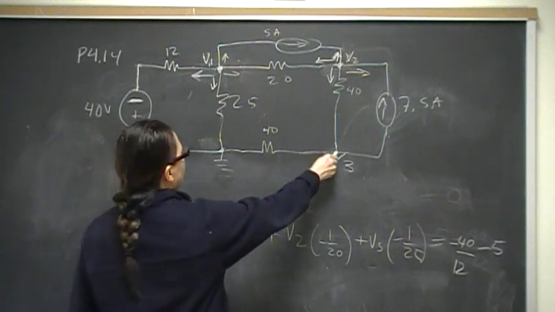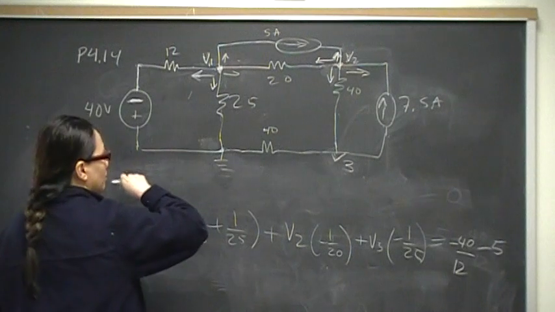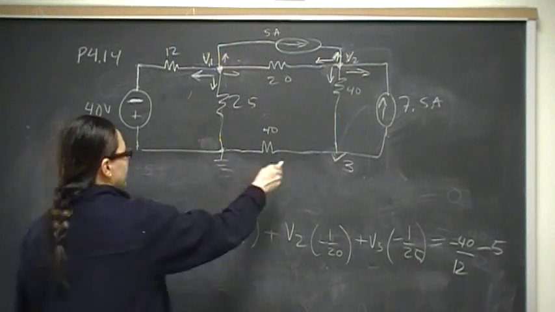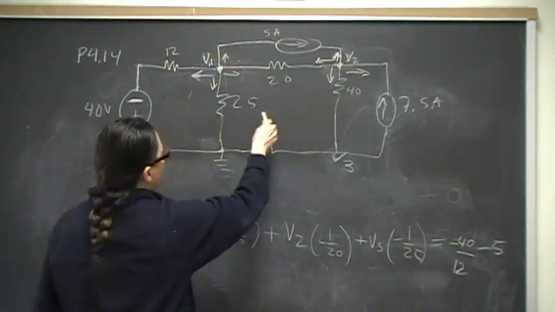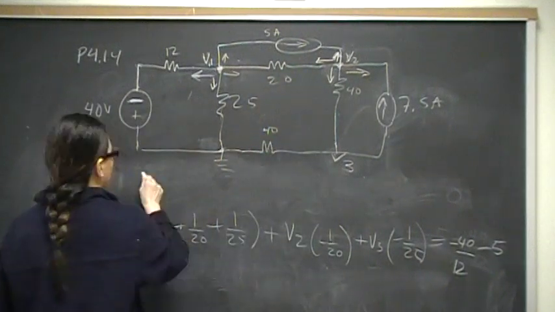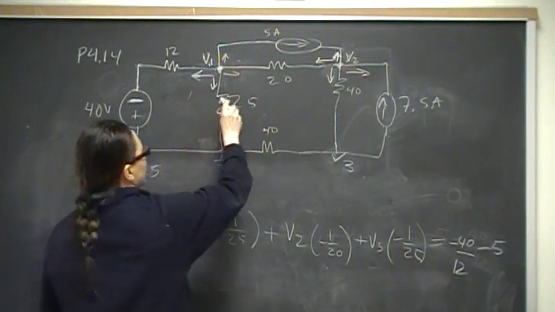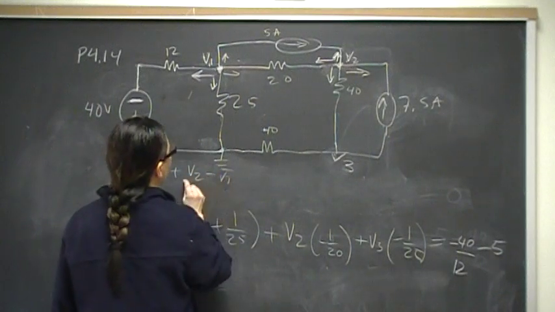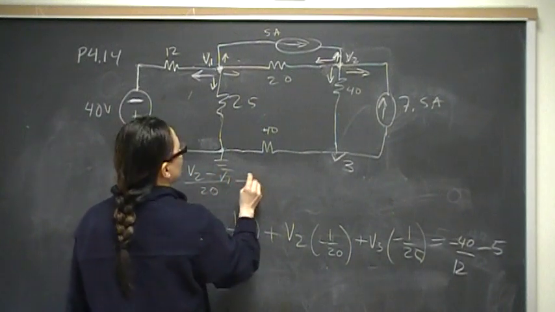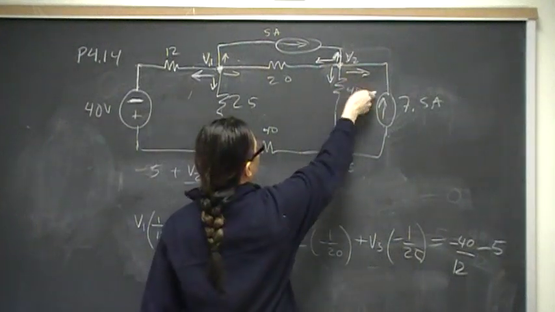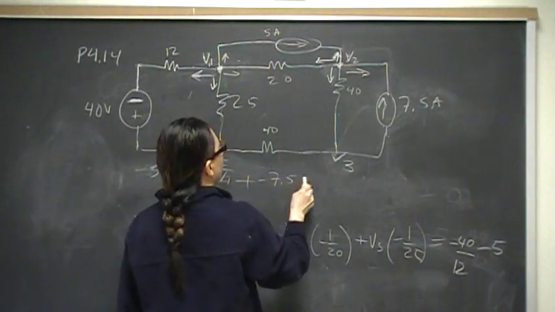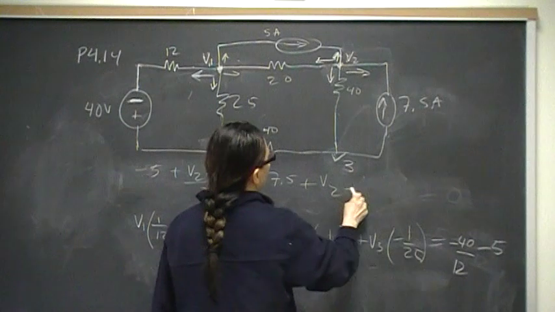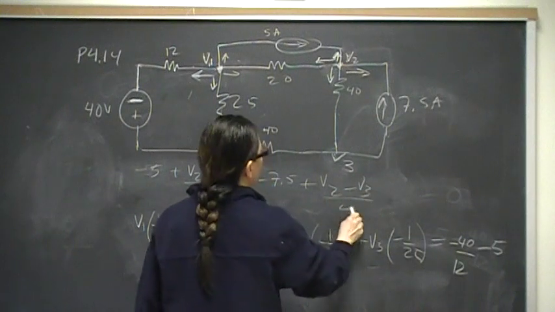So at V2, with this as V3, this is going to be negative 5, right? We have the current going into this node. We still have plus V2 minus V1 over 20, plus negative 7.5, plus V2 minus V3 over 40.